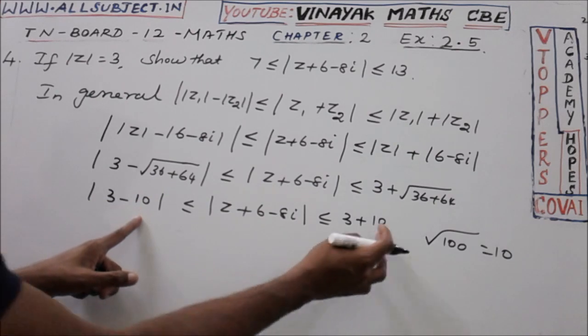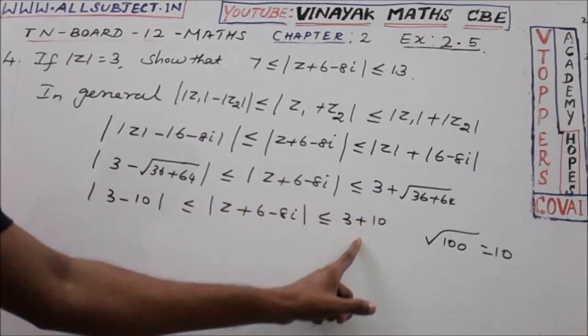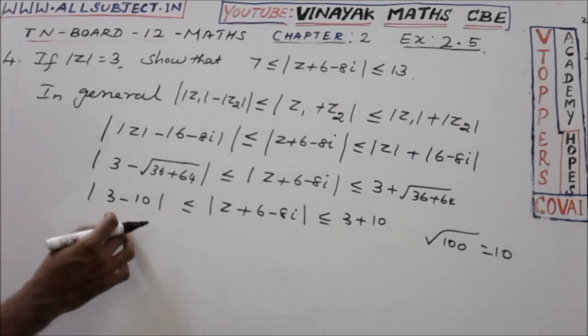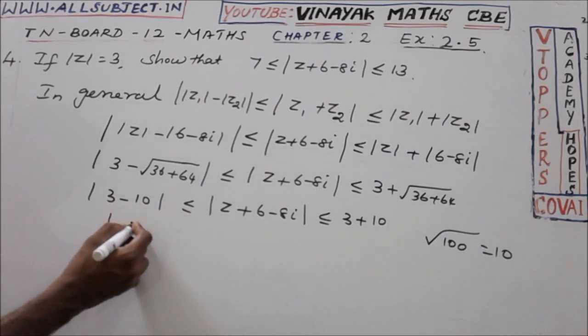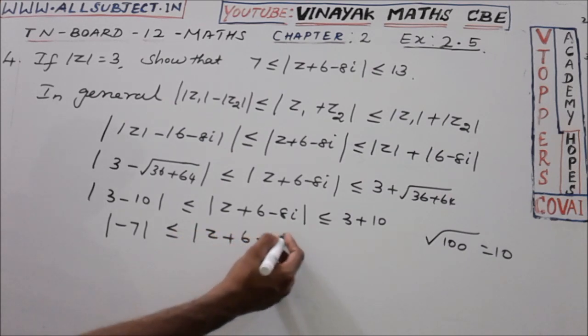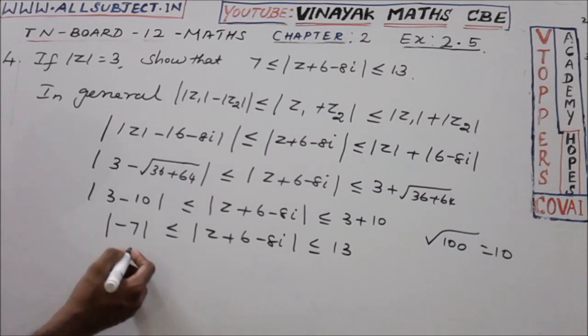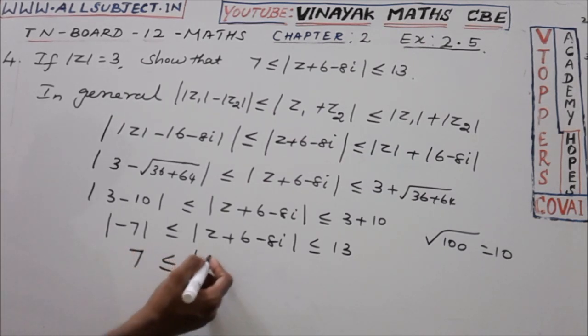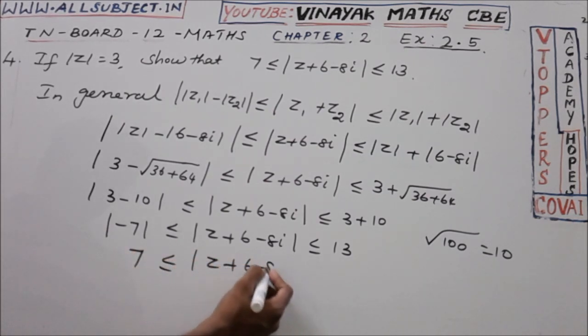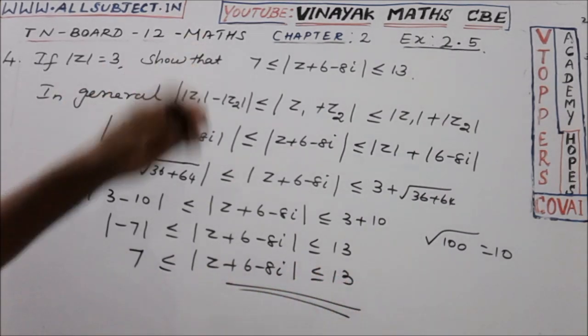So 10 is subtracted on one side and added on the other: 3 minus 10 and 3 plus 10. Simplifying, modulus of minus 7 is less than or equal to modulus of z plus 6 minus 8i, less than or equal to 13. Modulus of minus 7 is 7, so 7 is less than or equal to modulus of z plus 6 minus 8i, less than or equal to 13. Thus we have proved it.